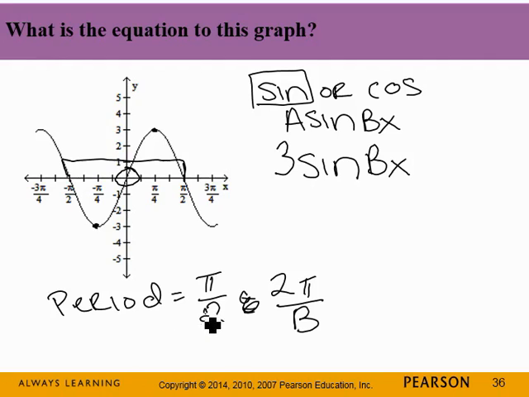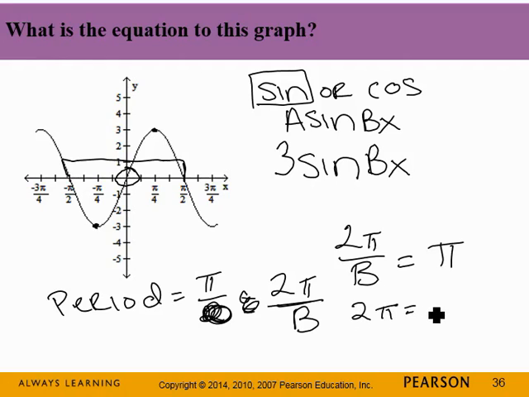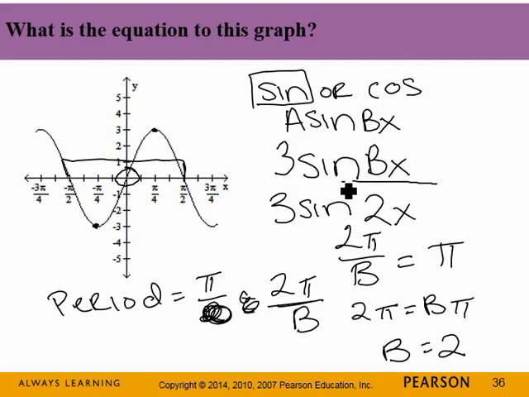I jumped ahead of myself. Your period is pi. So from negative pi over 2 to pi over 2, that's pi. So your period is pi. So you want to have 2 pi over b equal to pi. So your equation is 3 sine 2x.